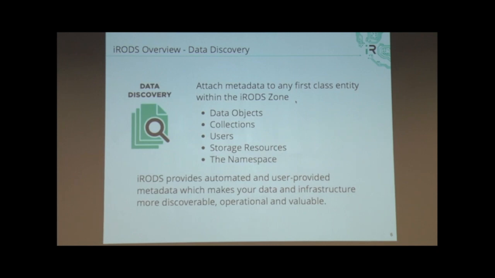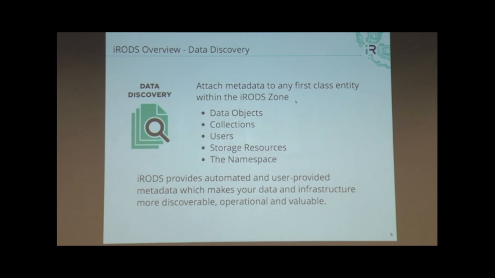The other thing is data discovery through metadata. So one thing we've discovered is when you have millions and millions of files, researchers and institutions need to be able to find the data files that they want.